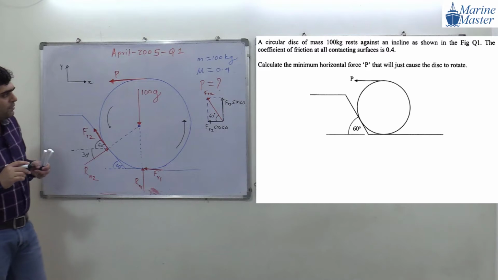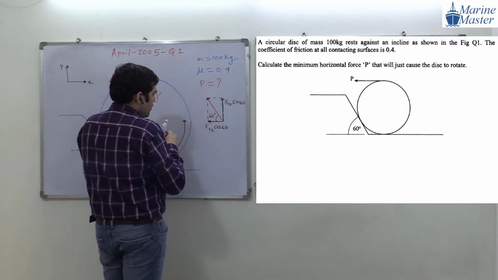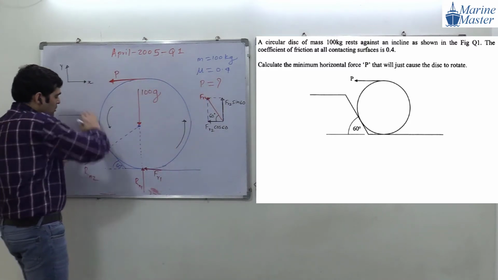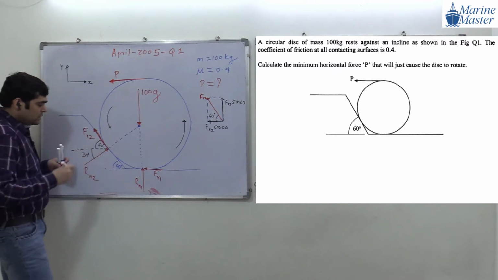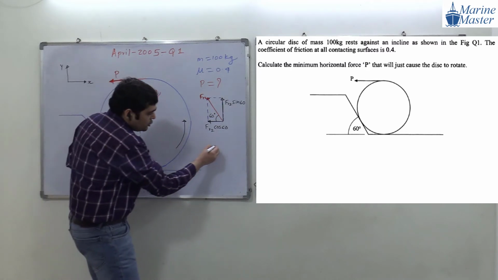Now the next point. Observe the things carefully. Now Fr2 is done. Now we have Rn2. Rn2 is like this.